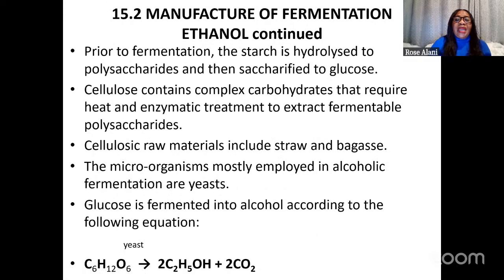Before you carry out the fermentation, the starch is hydrolyzed to polysaccharides and then saccharified to glucose. The cellulose contains complex carbohydrates, and so they require heat and enzymatic treatment to extract the fermentable polysaccharides. The cellulosic raw materials include straw and bagasse.